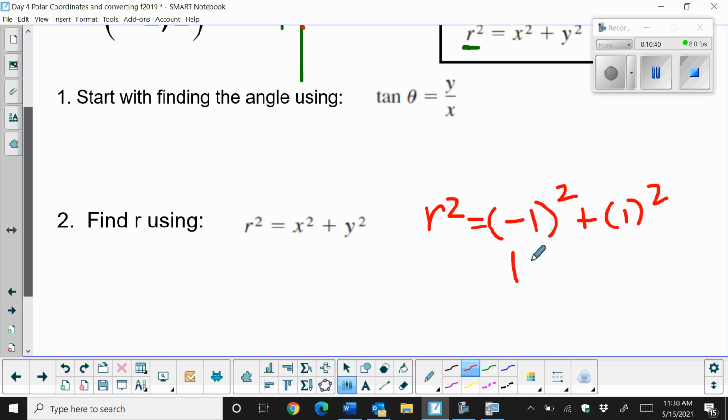So that's just going to be 1 plus 1. So r squared is 2. So r is the square root of 2. And that's going to be the first coordinate in our polar coordinates. So r is the square root of 2, which is just the hypotenuse.